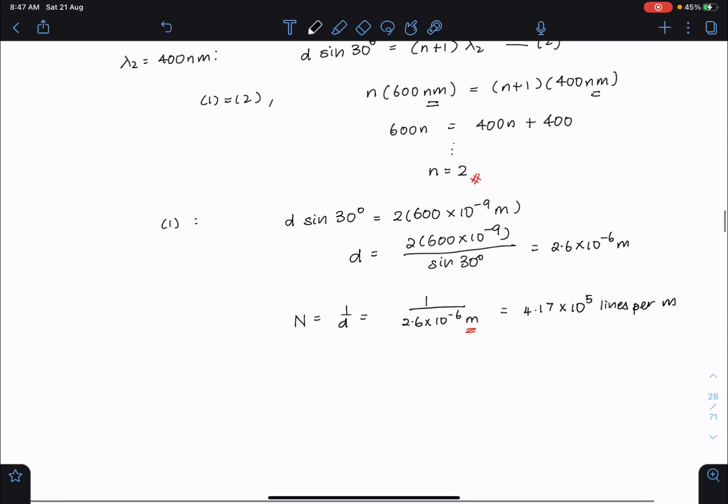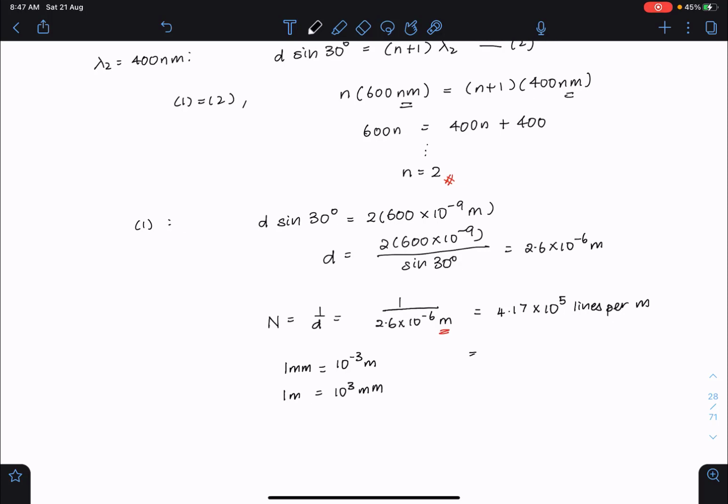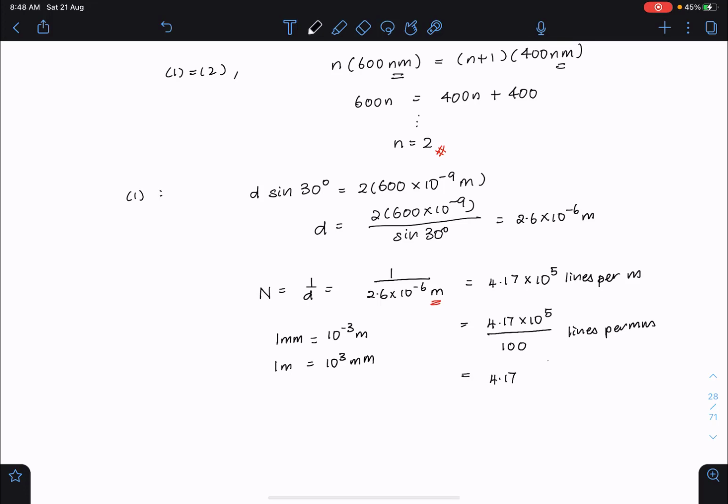So we need a conversion here. 1 millimeter is 10 to the power minus 3 meters. So this means 1 meter is 10 to the power of 3 millimeter. So converting it into per millimeter, if I have 4.17 times 10 to the power of 5 lines per meter, this means I will have 4.17 times 10 to the power of 5 divided by 10 to the power of 3 lines per millimeter, and that will give me 4.17 times 10 to the power of 2 lines per millimeter.